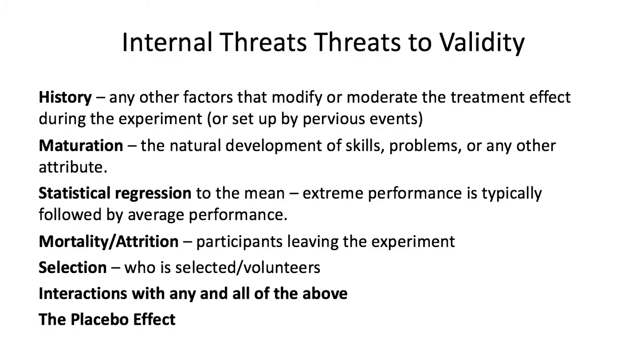However, if I'm thinking of a mortality situation with, say, some sort of medication where the weakest members seem to be dying, right, that's going to impact how I look at the effects of that drug. Whether or not their death was the cause of the drug, of course, is another issue altogether.